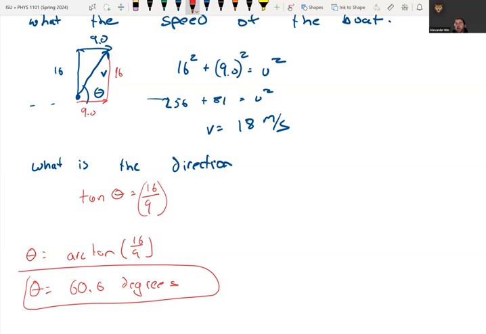It's important to know that that's not 1.06 degrees. That's 1.06 radians. You can tell there's no way you're going to have a triangle with 9 on one side and 16 on the other and have that angle only be 1.06 degrees. That's tiny. That's almost horizontal, and certainly this thing is not going almost horizontal. It's going mostly up, in fact.